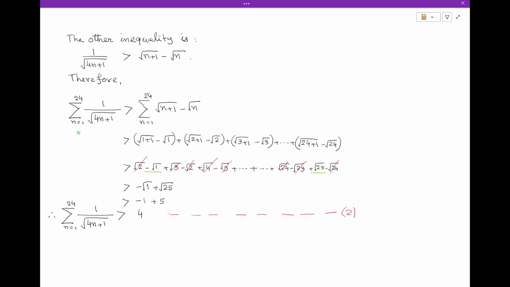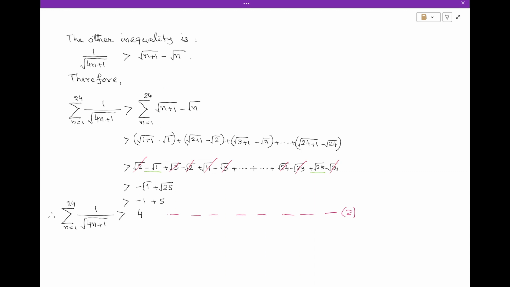Therefore, the summation of 1 divided by square root of 4n plus 1, when n is from 1 to 24, will be greater than the summation of square root of n plus 1 minus square root of n, where the summation is from 1 to 24.